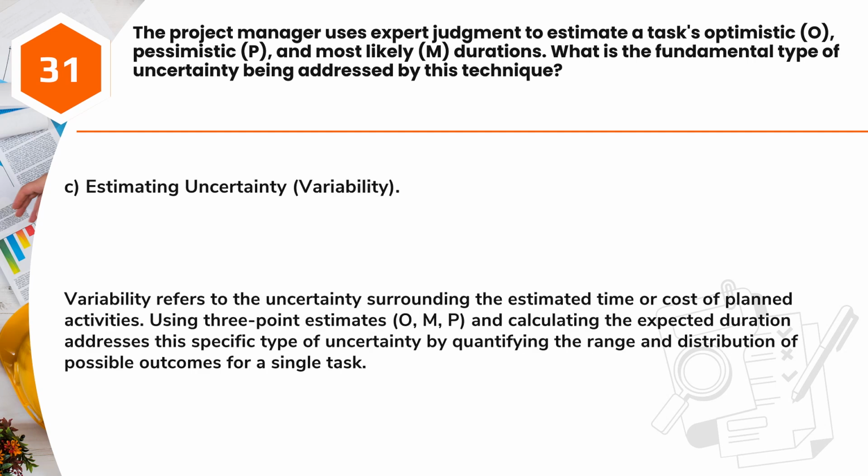Answer C. Estimating uncertainty variability. Variability refers to the uncertainty surrounding the estimated time or cost of planned activities. Using 3-point estimates, OMP, and calculating the expected duration addresses this specific type of uncertainty by quantifying the range and distribution of possible outcomes for a single task.